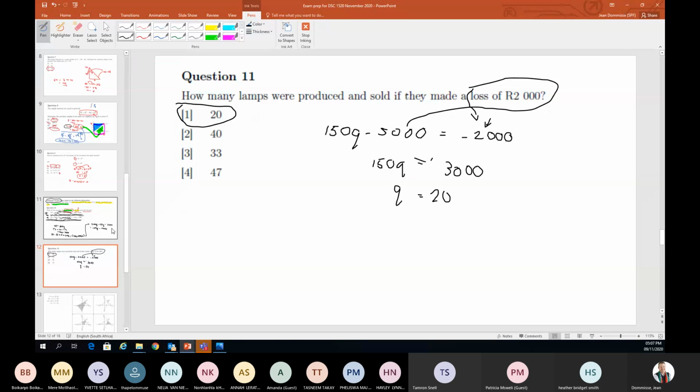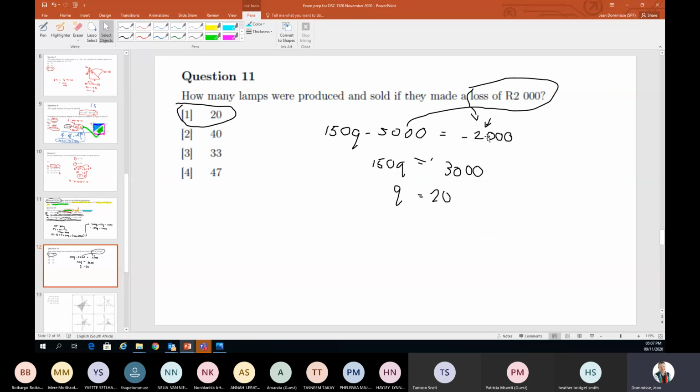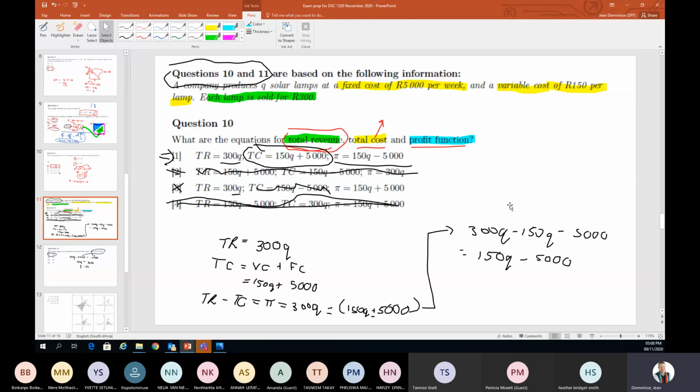So from this, if you calculated the profit function wrong here, you would have had this one wrong as well, unfortunately. The Scully method would have worked if this was correct.